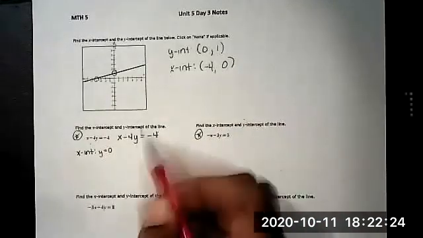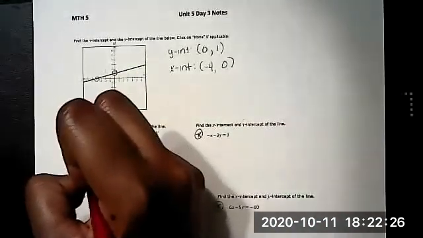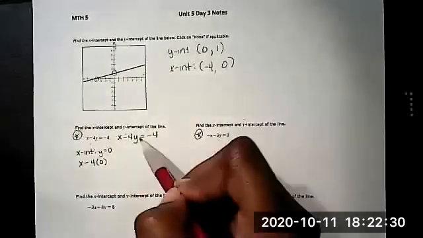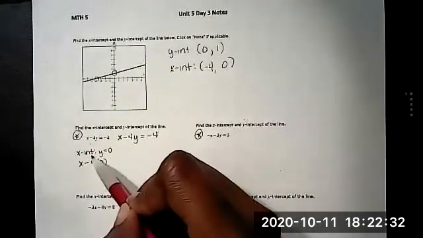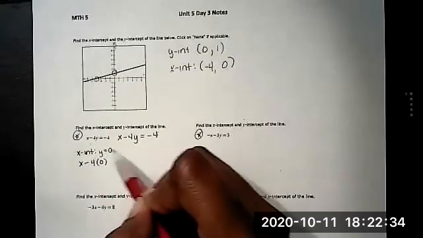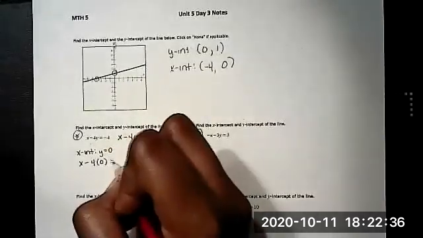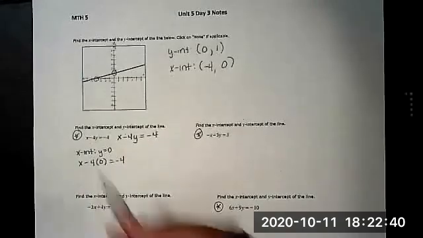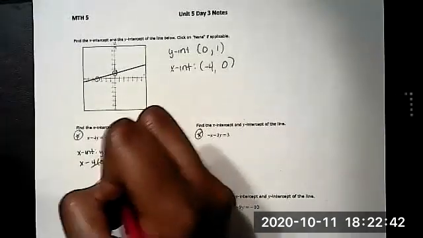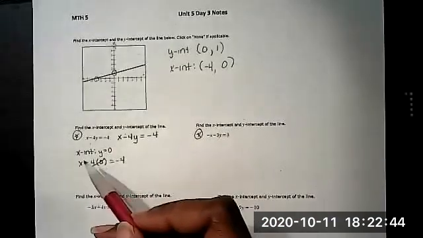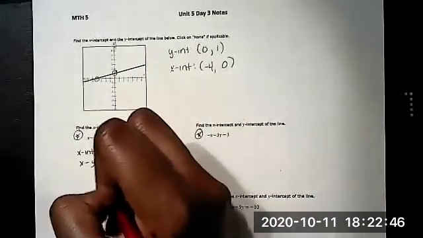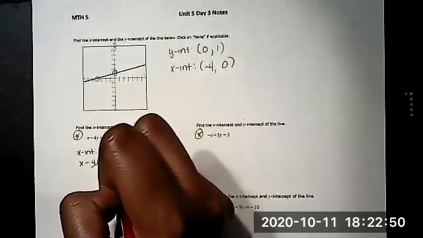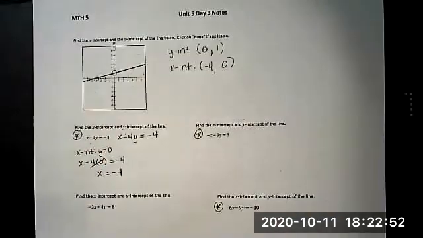So in place of Y, we're going to make it 0, because for X-intercept, Y is always 0. So X - 4(0) = -4. That becomes 0, and X minus 0 is just X. So your X-intercept is -4.